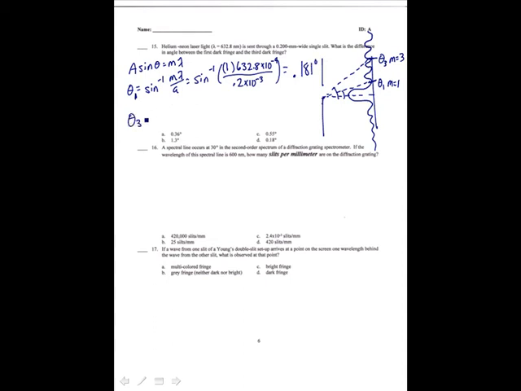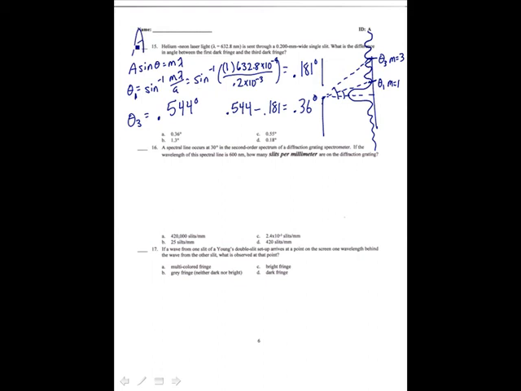In a similar way, theta 3 is the inverse sine of 3 times 632.8 times 10 to the minus 9 divided by 0.2 times 10 to the minus 3, which is 0.544 degrees. The difference between those, 0.544 minus 0.181, is equal to 0.36 degrees. So that's the answer A.